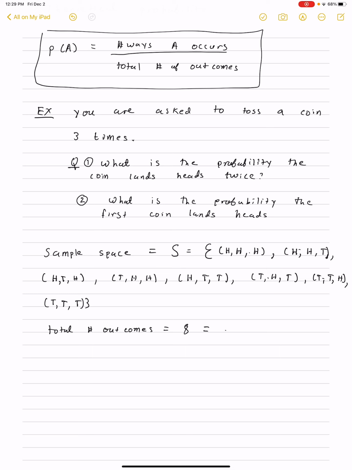We're tossing the coin 3 times, and we multiply the possible outcomes. The first toss of the coin has 2 outcomes, heads or tails. The second toss also has 2 outcomes, heads or tails. And the third toss also has 2 outcomes. So we get 8 by enumerating all possible outcomes, or by using the general counting principle.